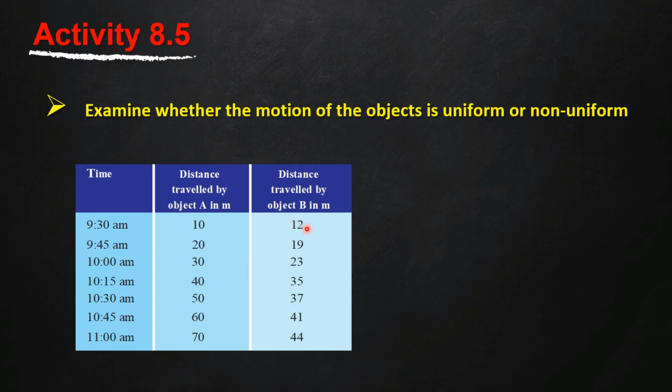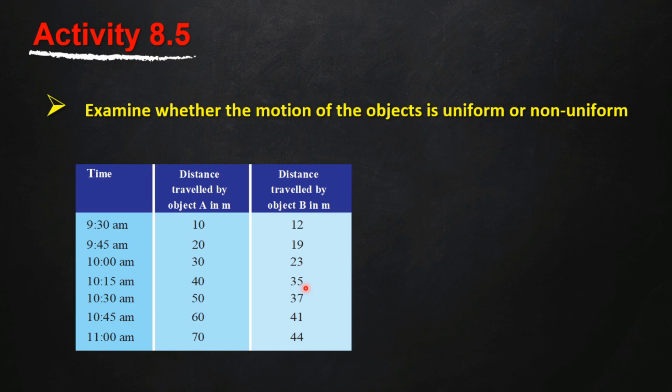Here, the difference is varying: 23 minus 19, coming out to be 4 meter. So, from 9:45 to 10, in 15 minutes, object B travelled only 4 meter. Then, from 10 to 10:15, it travelled from 23 to 35.